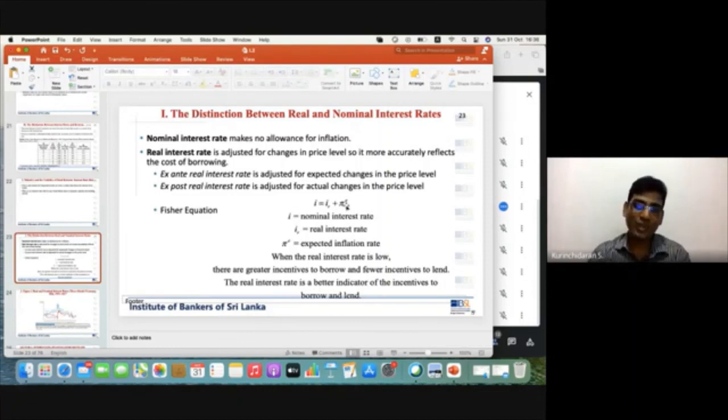Right? Now you can plug in and see. Now the deposit rate, the nominal interest rate, is 5%, and your expected inflation is 8%. So then you bring this 8 to this side, so your real interest rate may be -3.